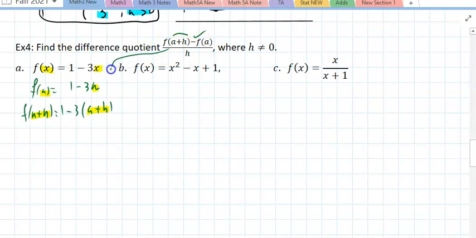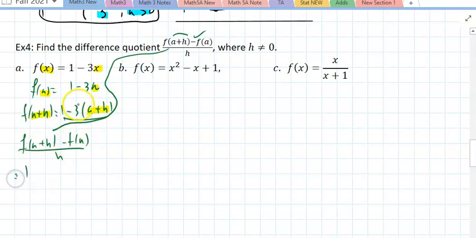So if I take this and I say, okay, what does that equal? We would say f of a plus h minus f of a over h is going to equal 1, distribute the 3 in, minus 3a minus 3h minus 1 minus 3a all over h.